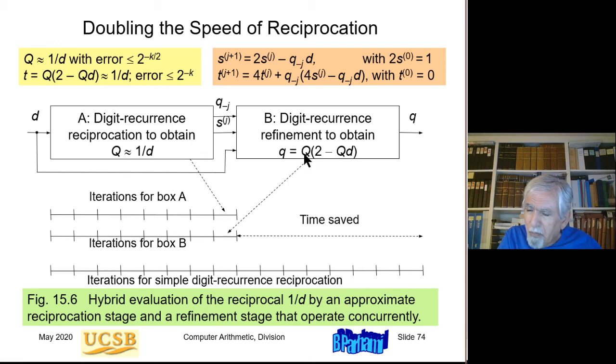So if q is the approximate reciprocal, and if you plug it into this equation, then you get the more exact reciprocal.